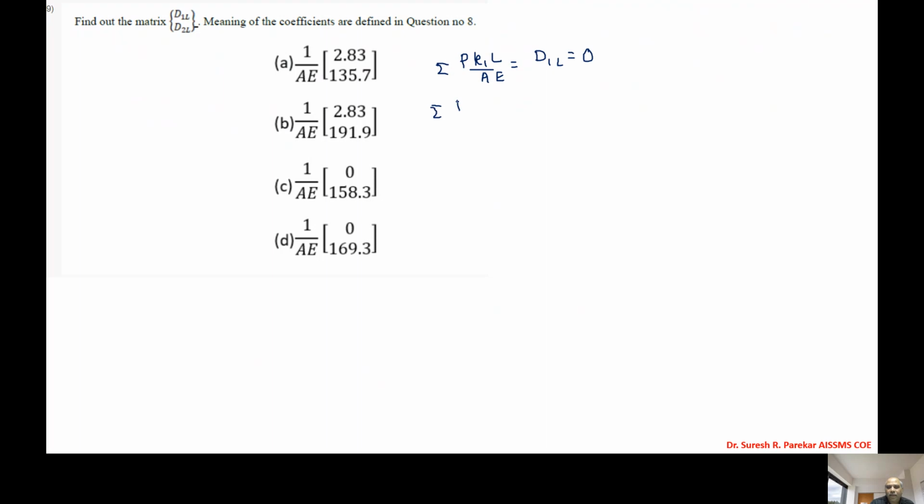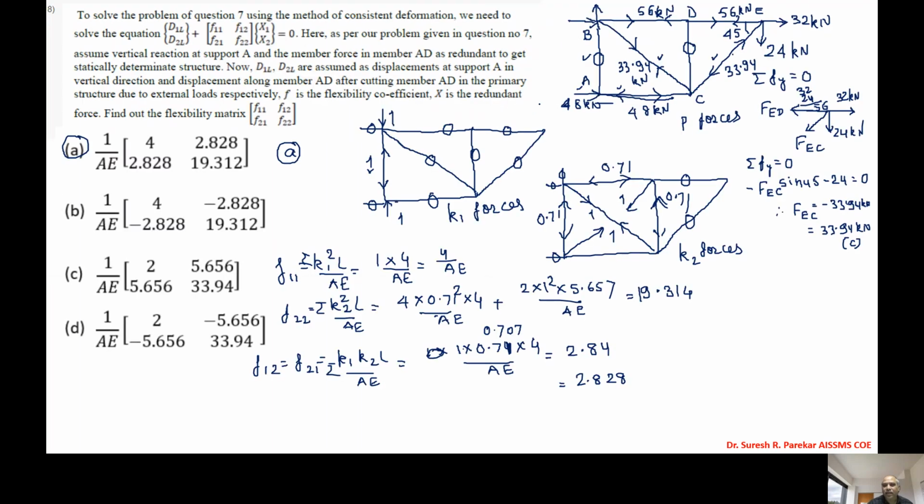Now we have summation PK2L upon AE, and now we have to consider all these forces of K2. You can see this, we have 56, this is 0.71 and 1 compression.